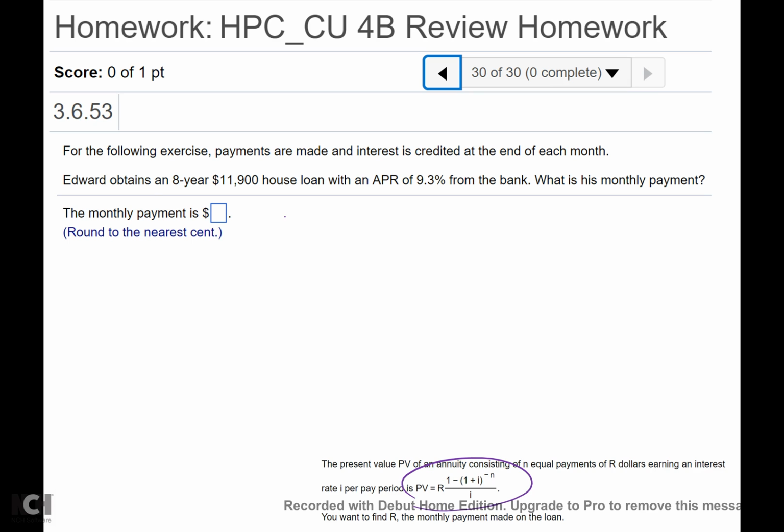So the present value on his house loan is 11,900. I'm looking for the payment. 1 minus 1 plus my i is going to be my interest, 0.093 divided by 12, because he's doing monthly payments.